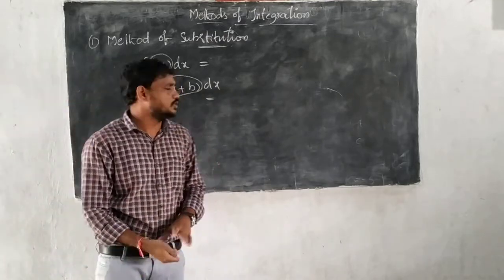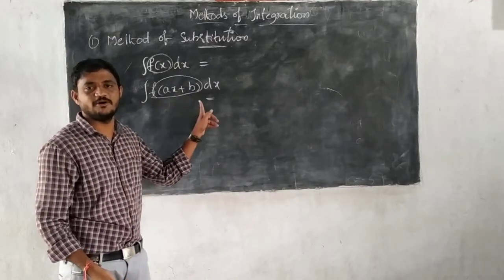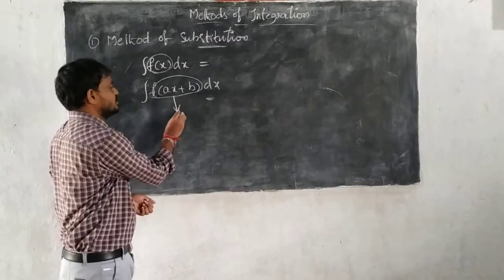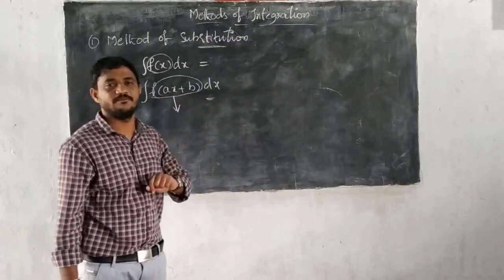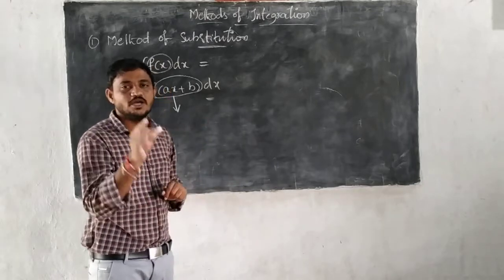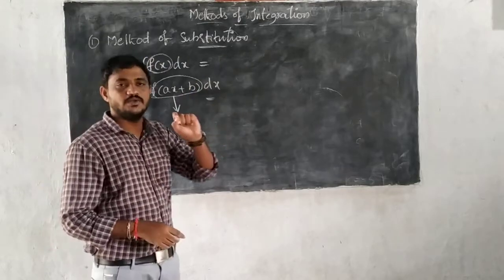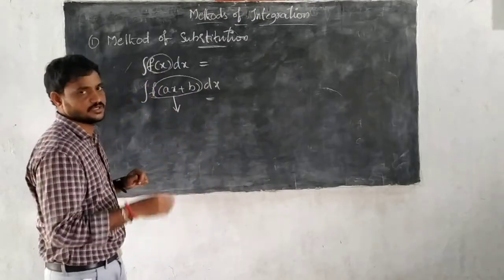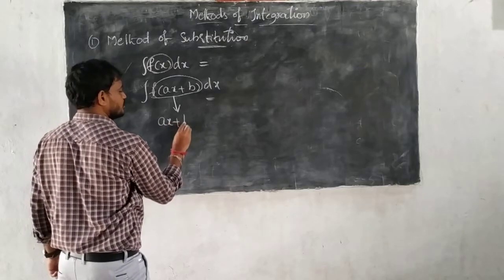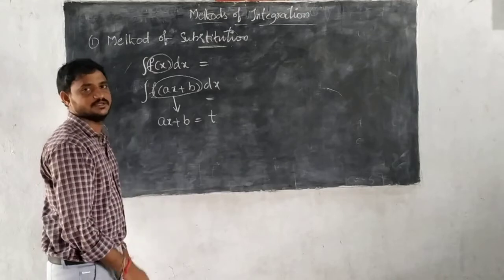To evaluate these types of functions, first we have to convert them into standard form using proper substitution, that is the method of substitution. We substitute t in place of ax plus b.